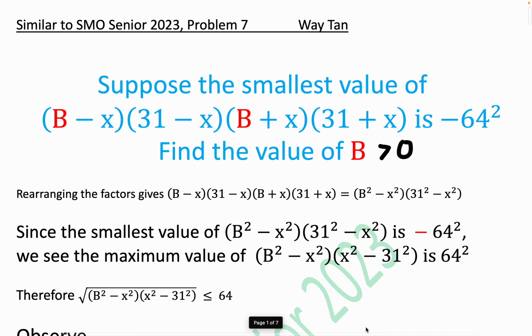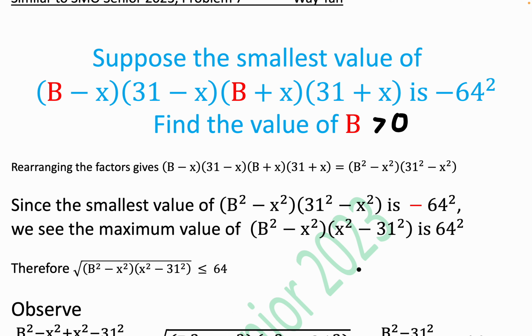Now, notice here that there's a strong relationship between this statement and the maximum value. Notice that x squared minus 31 squared is just equal to the negative of the expression above. This is pretty easy to see, but I'll write it down anyway.